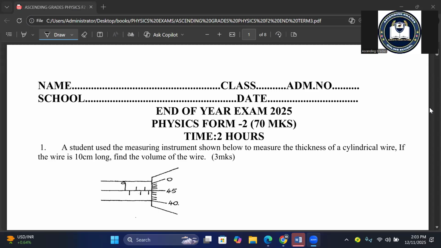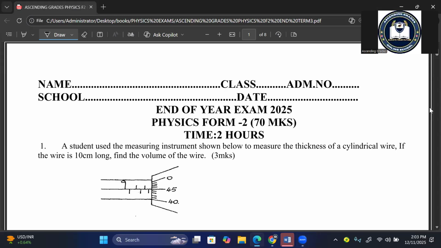Question 1. A student uses the measuring instrument shown below to measure the thickness of a cylindrical wire. You're told that the wire is 10 centimeters long, then find the volume of the wire.